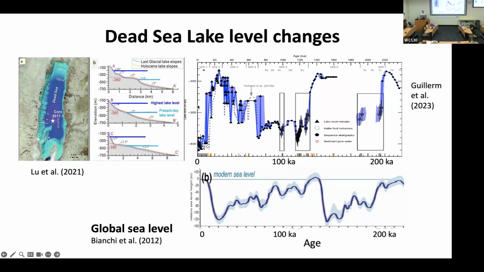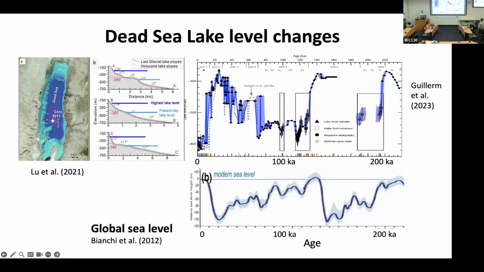The lake level fluctuated, because it's a terminal basin, due to the rain, so the climate, the amount of rain that was available in the basin. And we can see it's basically a mirror image of the global sea level.